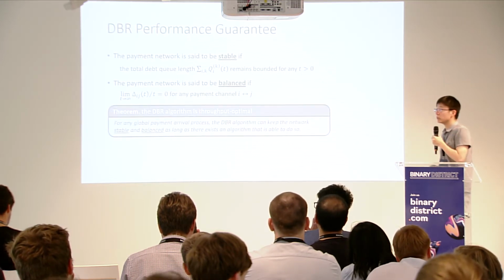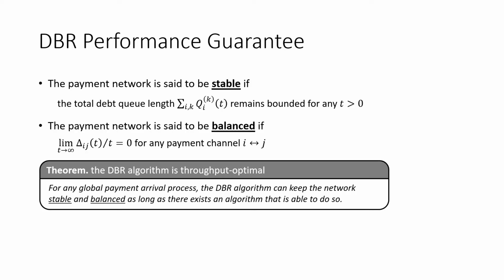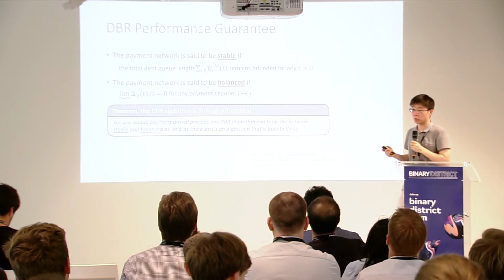And then we actually have a nice property that for any global payment arrival process, some payment arrival vectors, the DBR algorithm can always keep the network stable and balanced as long as there is an existing algorithm that is able to do so.